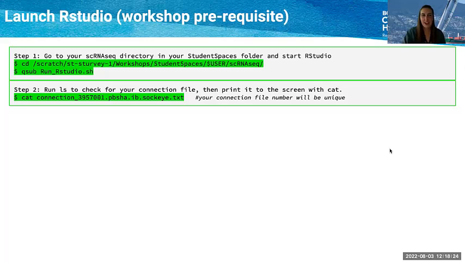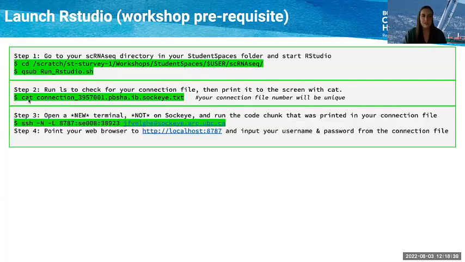Great. If you don't have this directory made, I'm just going to check the chat. Alejandro is going to paste the command. Thank you, Alejandro. So you're going to submit run RStudio.sh. You're going to basically open up this connection file and follow the steps there.